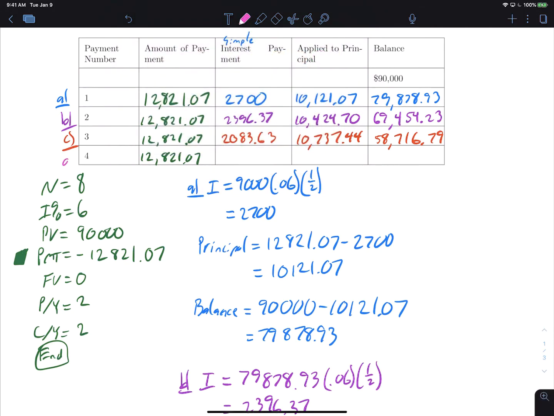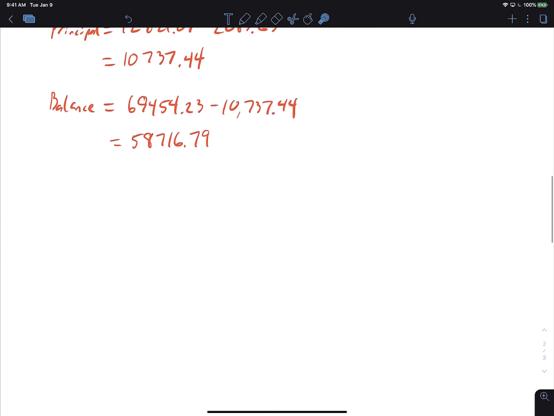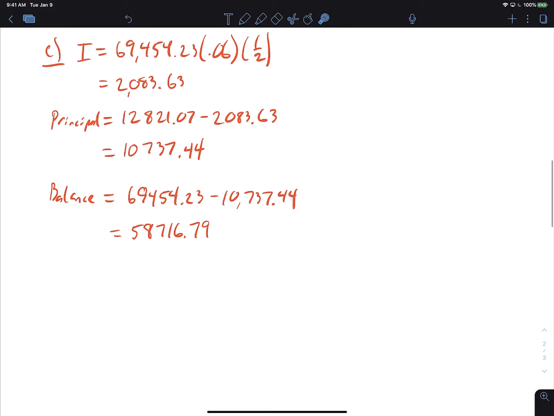Alrighty, letter D. Again, simple interest is just this times the interest amount. So for letter D, the interest was the previous balance times the interest times the half amount.